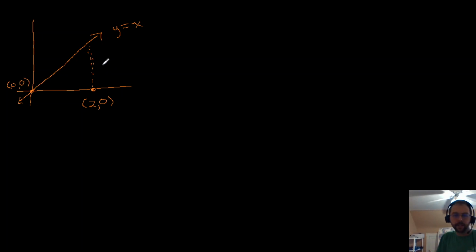And the height, as I already said, was 2. That was given in the problem. And if this is a right triangle, and this is 2, and this is 2, we know that this line is y equals x. Technically, what we know is that this is the point 2, 2.